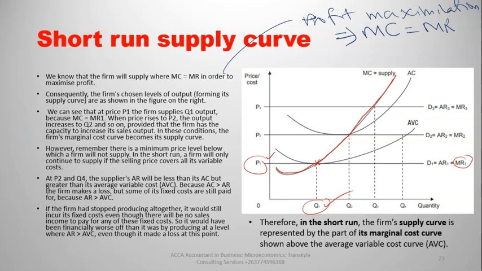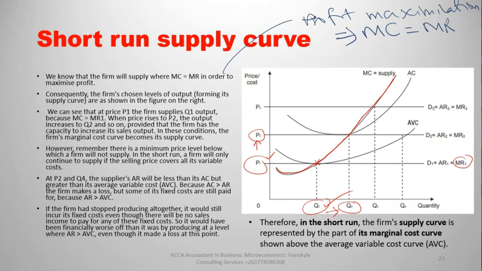When the price rises to P2, the output increases to Q2. So there is an increase there because the price has increased. So the firm is motivated to supply more.